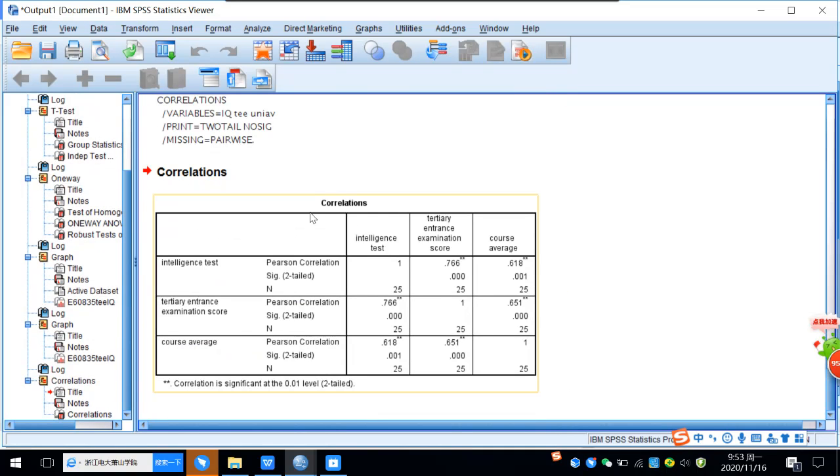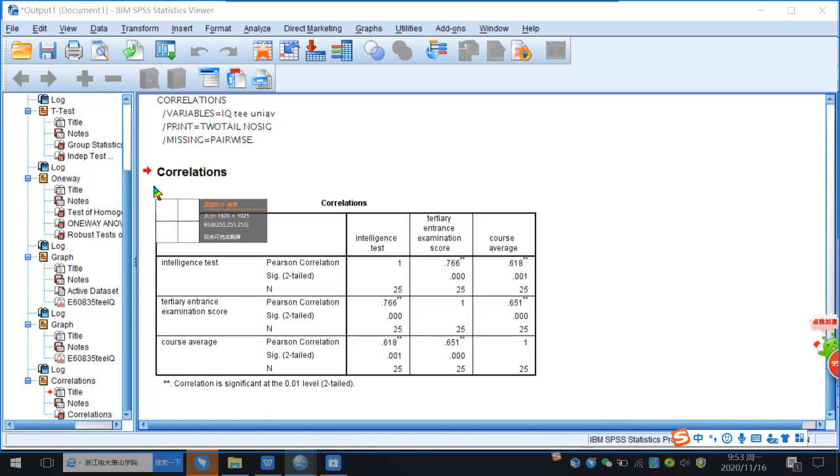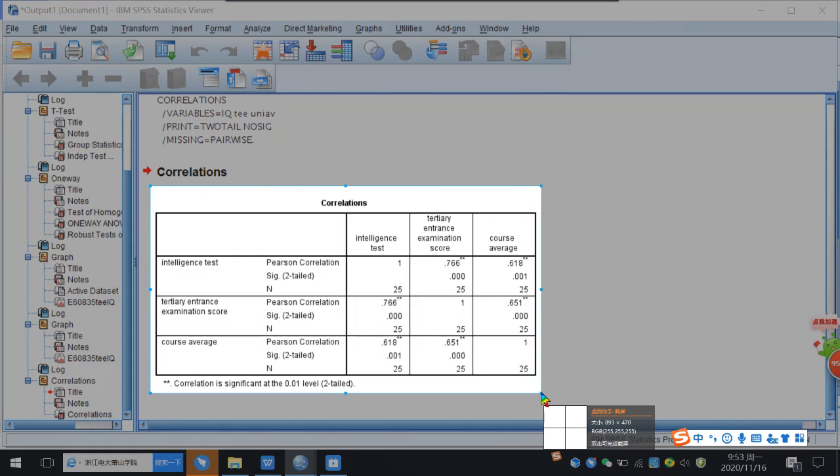Okay, here shows the results of correlations. And then I copy here. Here is the results, right?